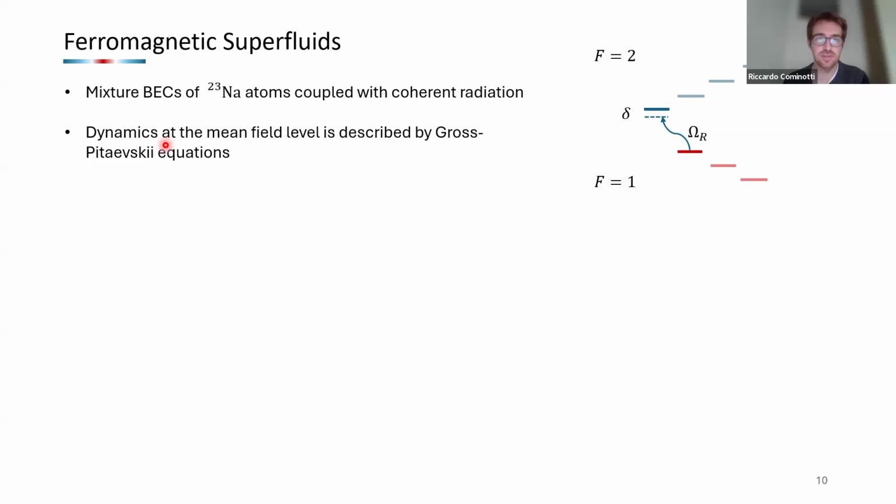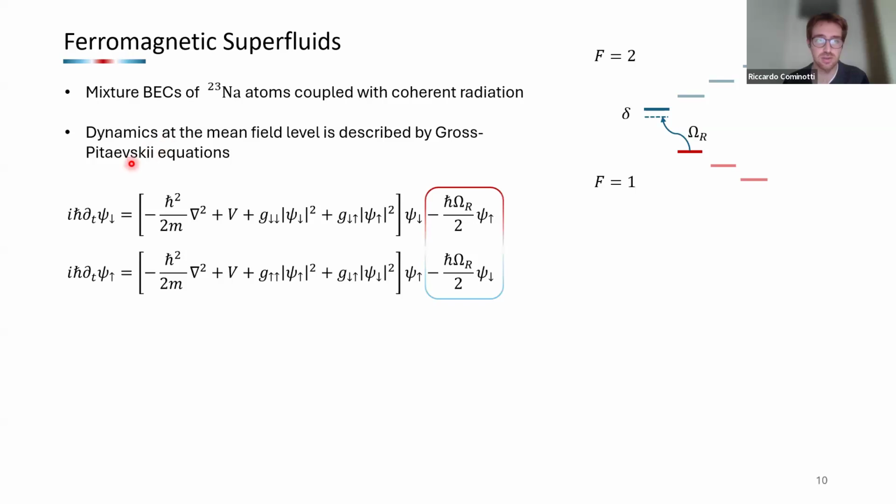Now, the dynamics of the system is described by two Gross-Pitaevskii equations. We have two order parameters, one for each spin state. I'm starting to call these states spin down and spin up to better draw an analogy with magnetic materials.